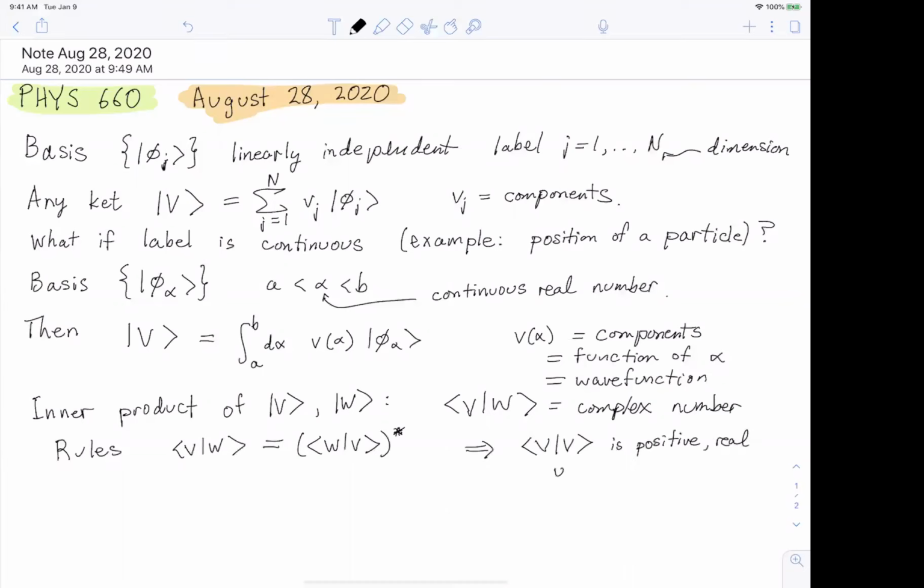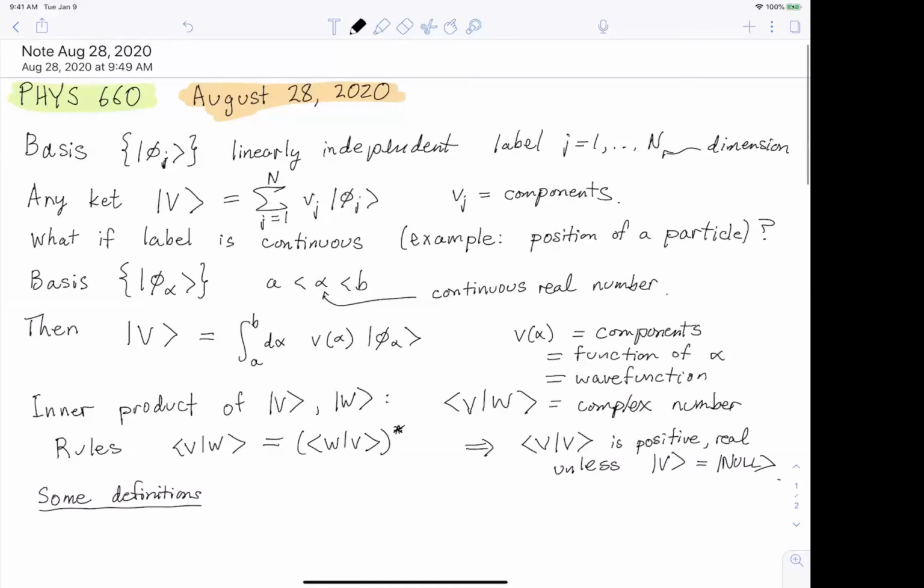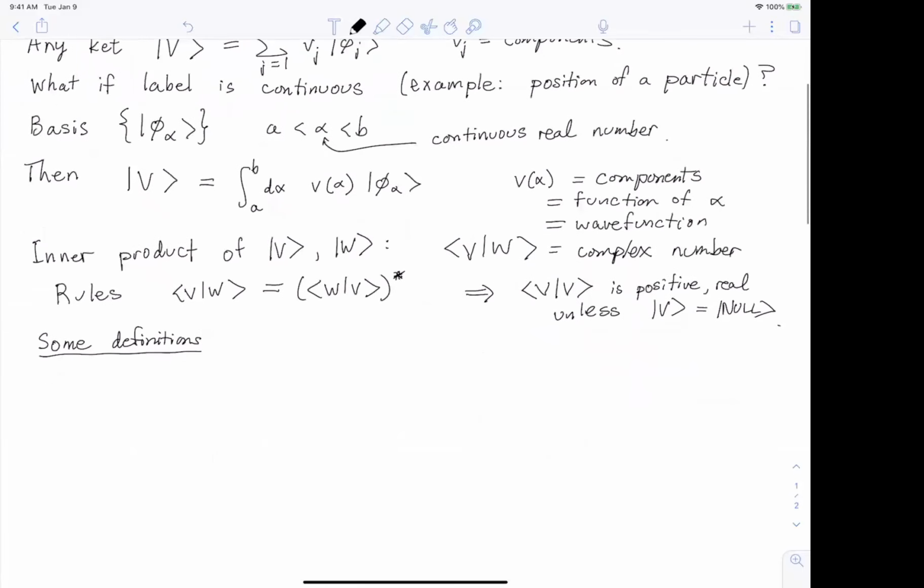unless V is the null ket. Okay, and so now we can make some definitions. Our first definition has to do with orthogonality, or perpendicular vectors.